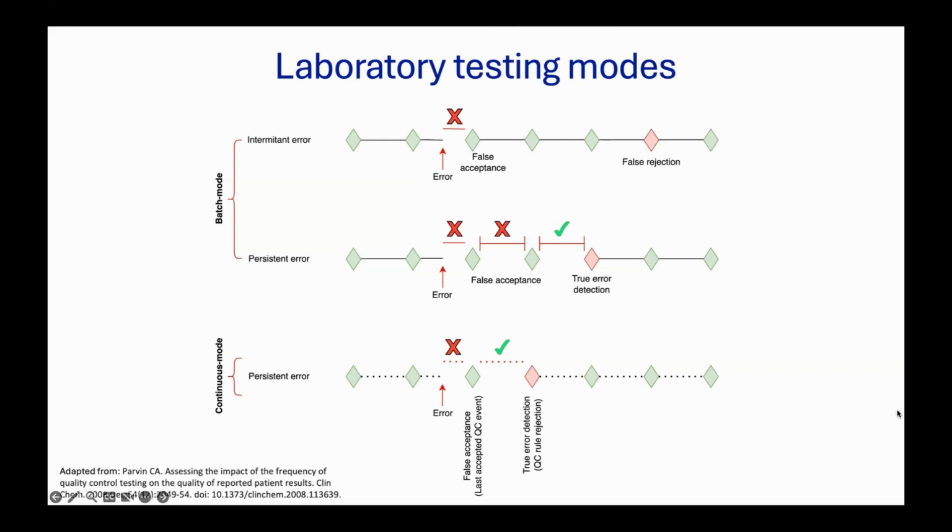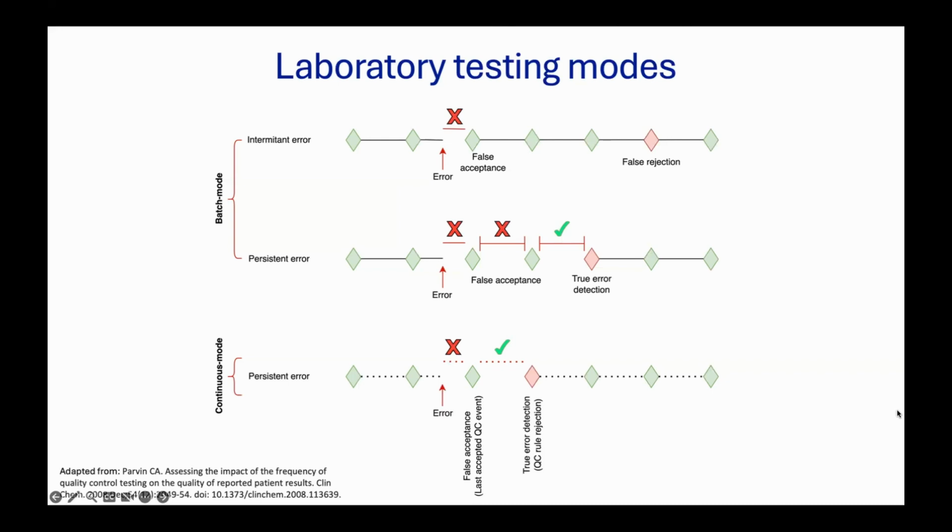Even if the QC rule failed to detect it, the intermittent out-of-control error condition doesn't carry over to the next batch. On the other hand, a persistent out-of-control error continues to affect subsequent batches until the error condition is detected and corrected. In this example, we can only correct the results of the last batch, because the previous batch seems to be in control considering our QC events.